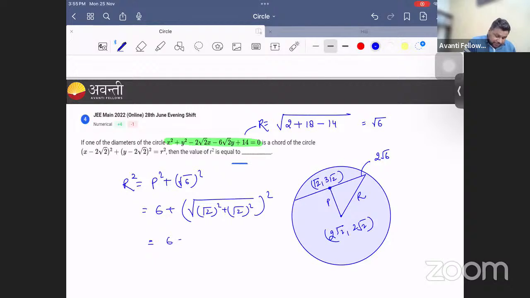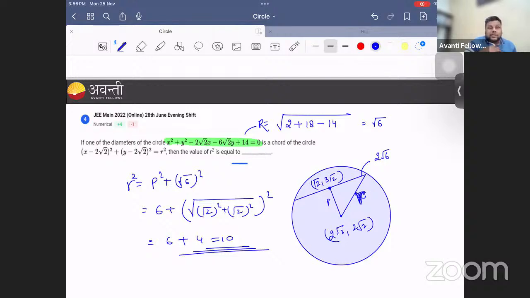So this equals 6 plus 4, that is 10. Have a look. This is what they are asking, the value of small r square. So this is not capital R basically, this is small r. All right, so this is what they were asking.